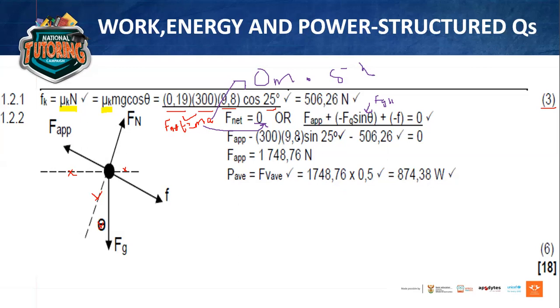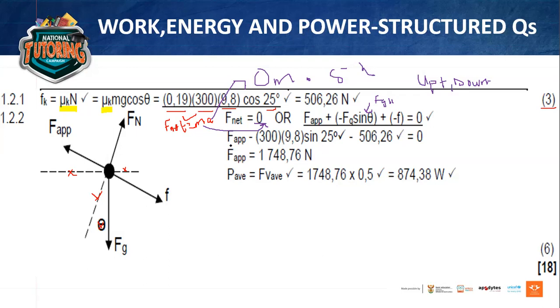Then remember, when we do the net force, we have to choose our direction. So let us say up the incline is positive. Then it means down the incline will be negative. Then I substitute. The force that is applied is what I'm looking for. I don't give it direction.